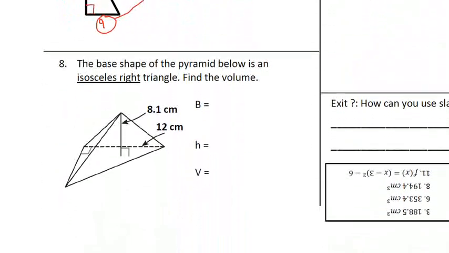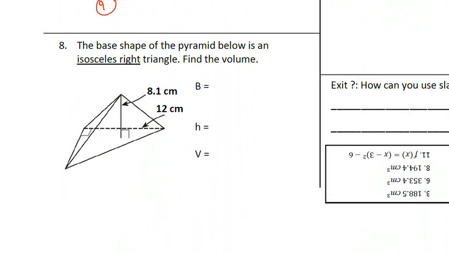All right, let's go to the next one. Number 8. I actually underlined this to let you know this base is an isosceles right triangle. I just want to verify this so you guys know this. An isosceles right triangle means that the two legs are congruent.